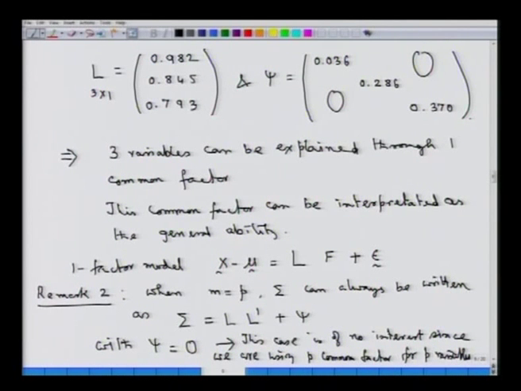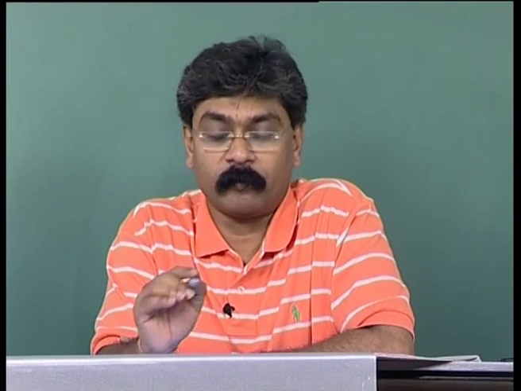Now, the actual usefulness of factor analysis is going to come if this m, the number of common factors, is significantly lower than the number of original starting variables. And what is it that we are going to gain? Let me put it in remark 3. As in the previous case, we had 3 original variables x1, x2, x3, and we had expressed them through one common factor.